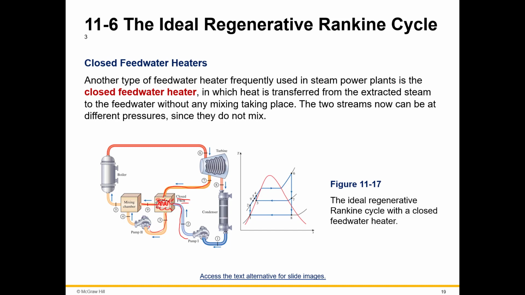And you need an additional pump for that. Another type of feed water heater frequently used in steam power plants is the closed feed water heater, in which heat is transferred from the extracted steam to the feed water without any physical mixing or direct contact taking place. The 2 streams now can be at different pressures since they do not mix. All right, so if you need to keep them at different pressures, you can do that.